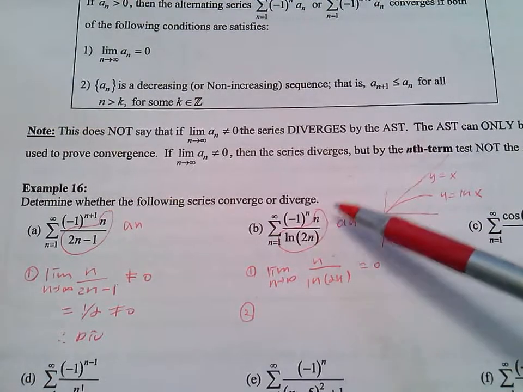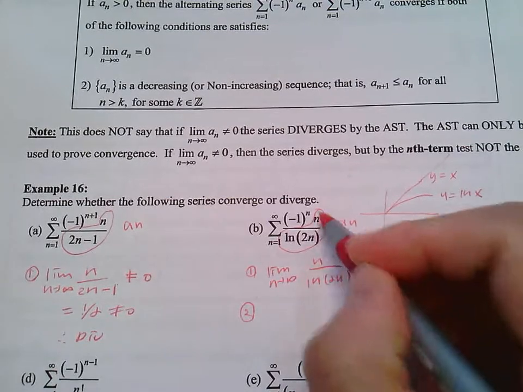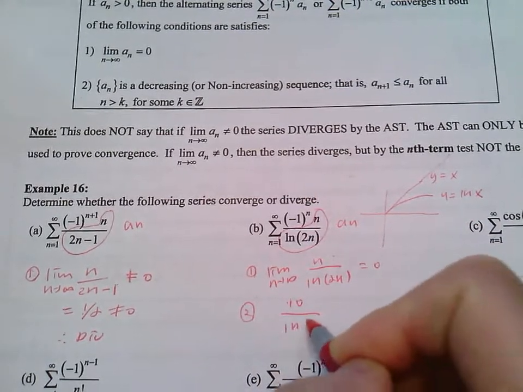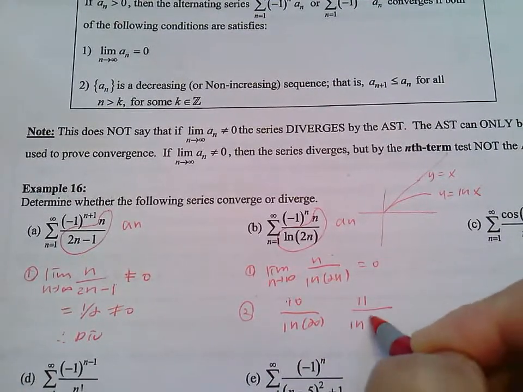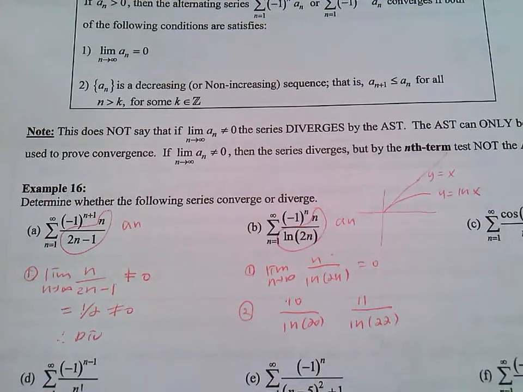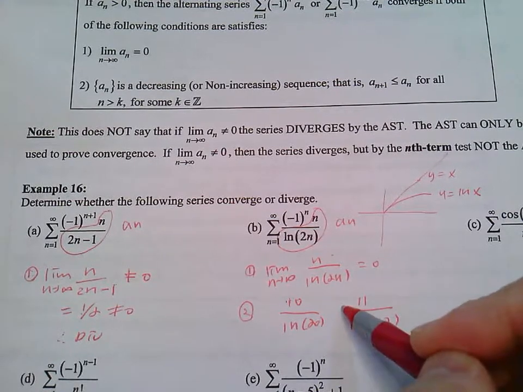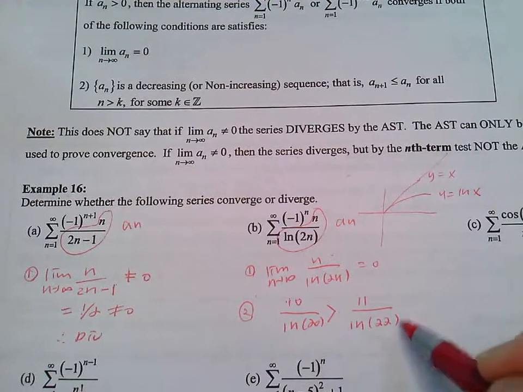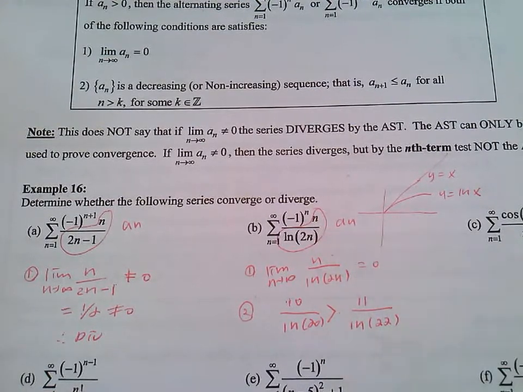Let me choose 10 over ln of 20, and compare it with 11 over ln of 22. If you plug into a calculator, the previous term is greater than the next term, which means this sequence is decreasing.